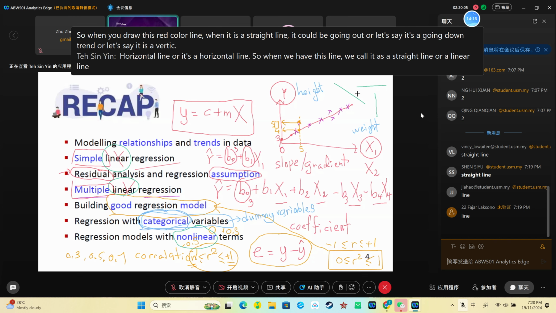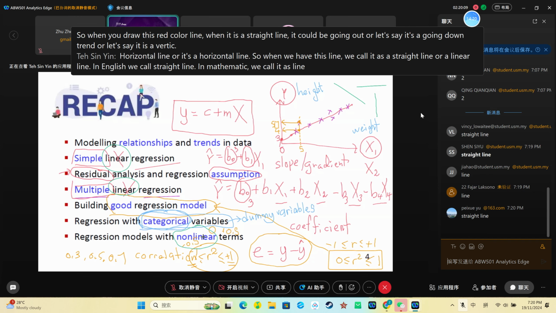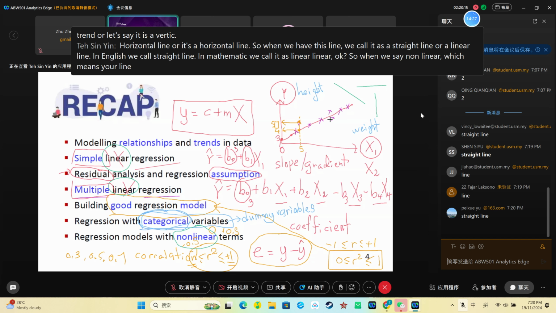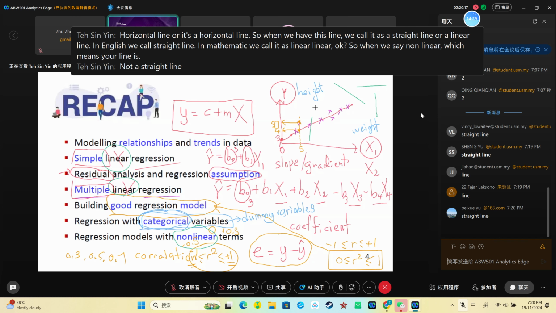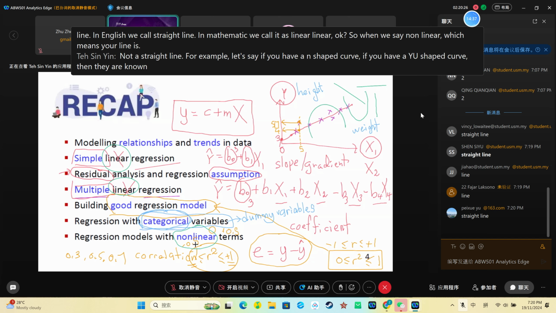In English, we call it straight line; in mathematics, we call it linear. So when we say non-linear, it means your line is not a straight line. For example, if you have an N-shaped curve or a U-shaped curve, then they are non-linear. We will go through this one by one. All right, let's move on.